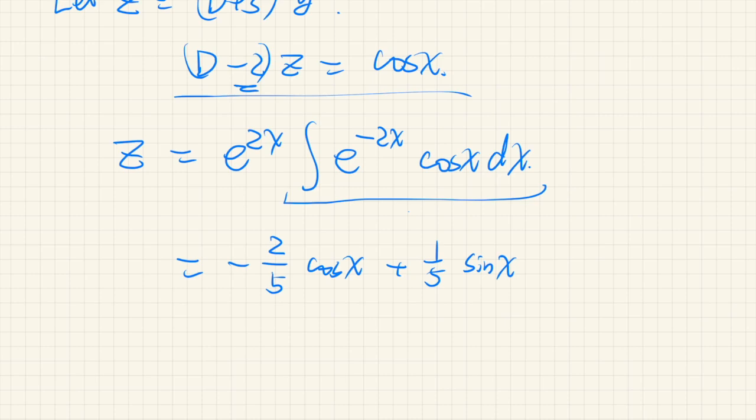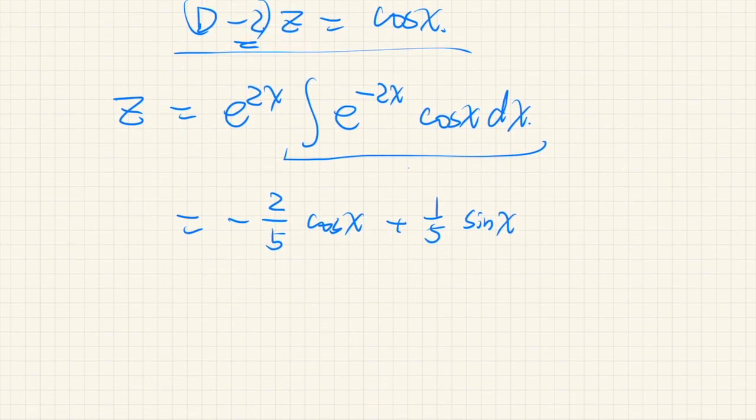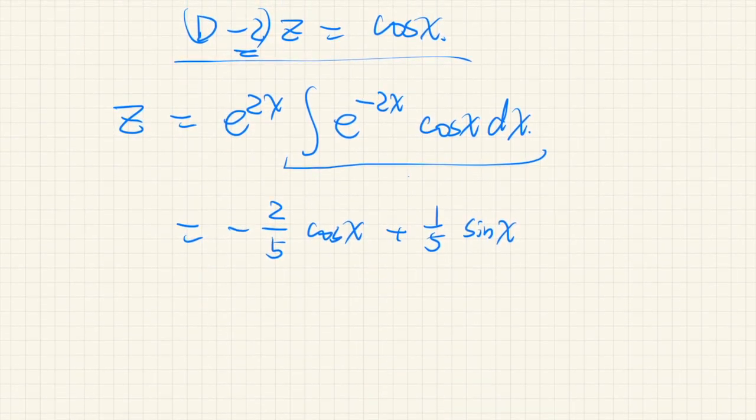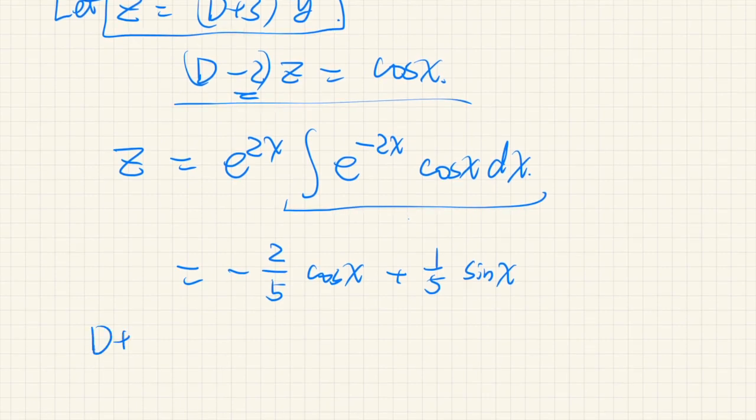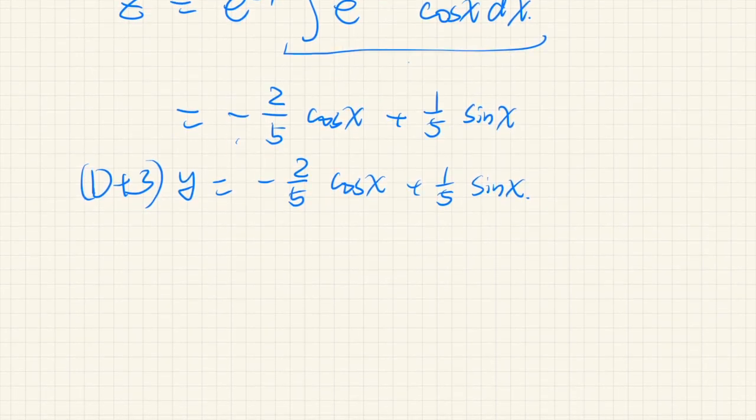Now let's go back to this equation. Since z is this, D plus 3, y equals this function. And we solve this. Again, this inhomogeneous differential equation can be readily solved by the method of variation of parameters.